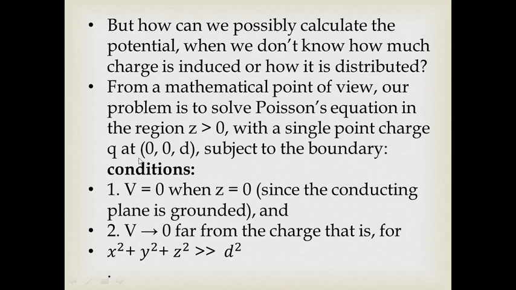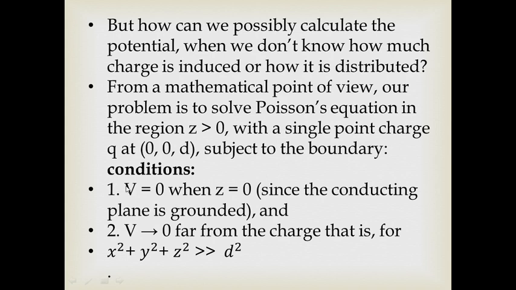Now what is the boundary of our region of interest? One boundary is the xy plane at z equal to 0. Another boundary is the infinite boundary covering our region, that is, the point taken to infinity, meaning x squared plus y squared plus z squared is greater than d squared.